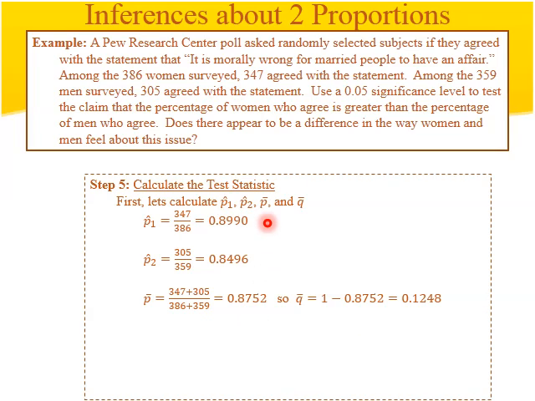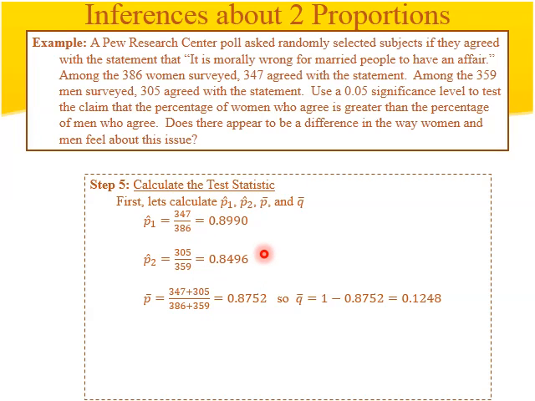So before we calculate the test statistic, let me just point out that in both cases, men and women, there is a significantly larger percentage who agree with the statement than do not agree with the statement. But of course, what we're testing is whether the proportion of women who agree is greater than the proportion of men who agree.